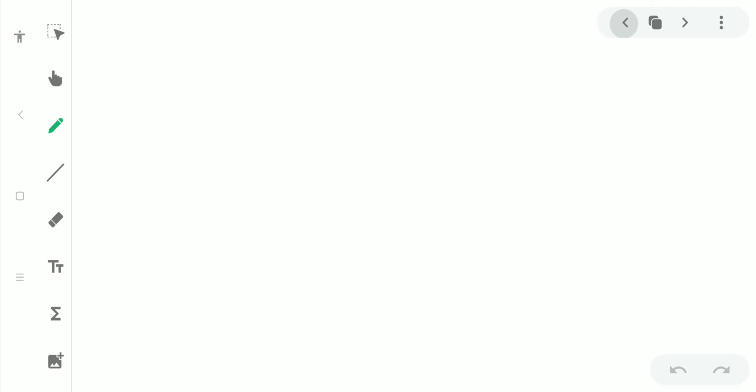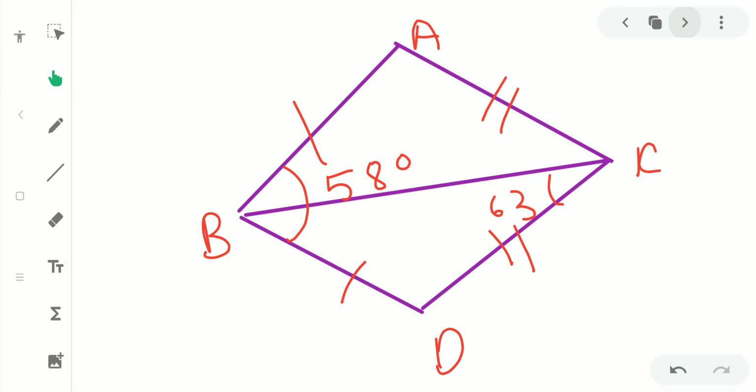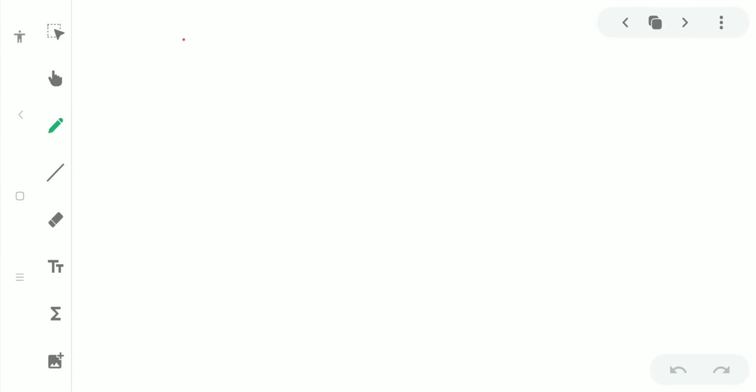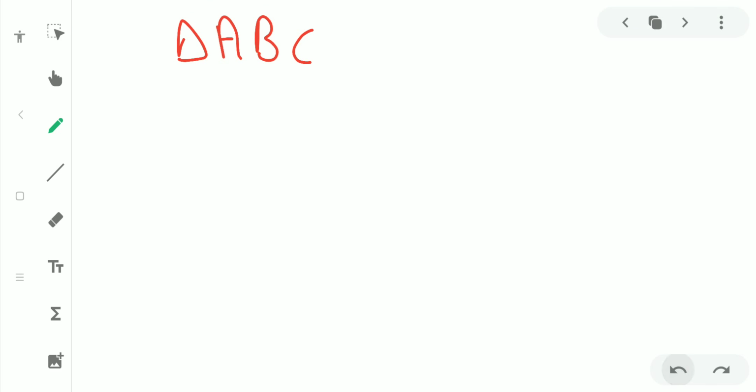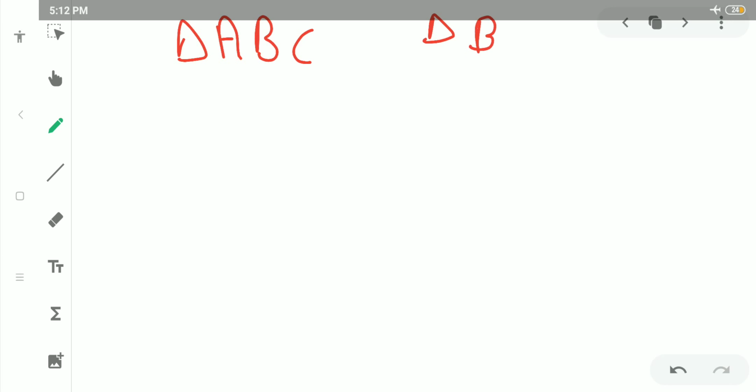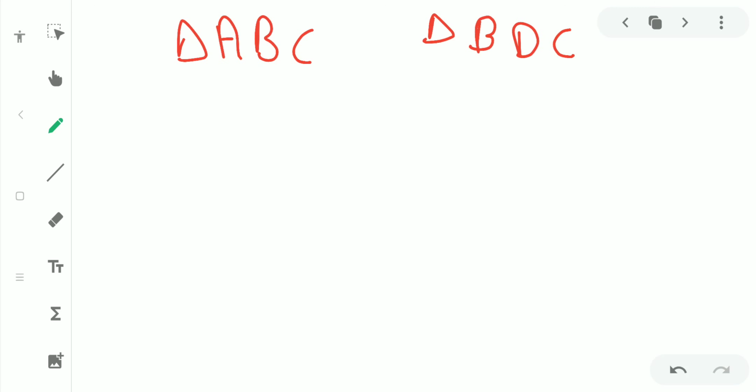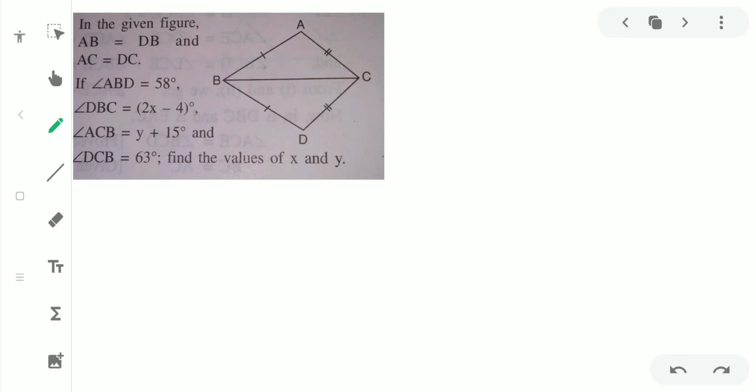Now in triangle ABC and triangle BDC, let us see what we are having congruent, because we have to find the values of x and y here.